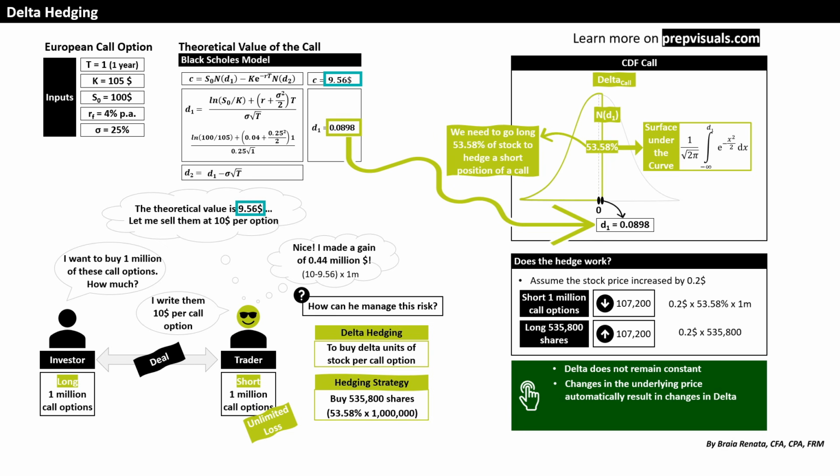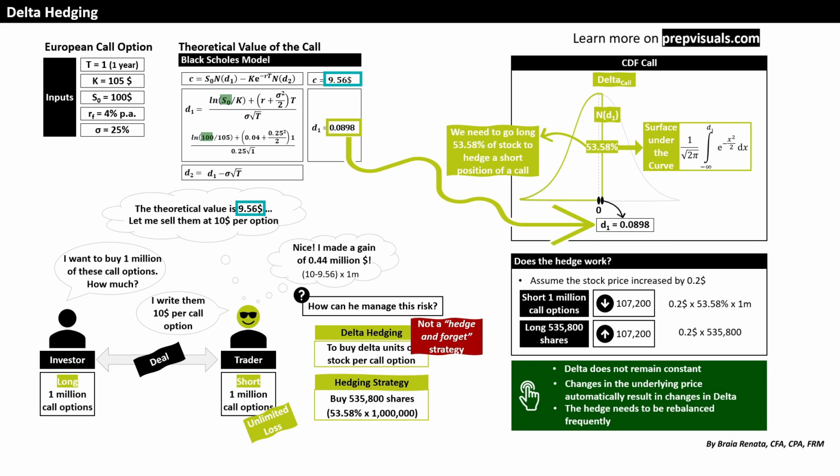As you can observe in the formula, D1 is expressed in terms of the current price of the underlying, so any change in that will trigger the change in D1, which in turn leads to a change in delta. And for this reason, the hedge needs to be rebalanced frequently, and that's the very reason the delta hedge is not a hedge and forget strategy.